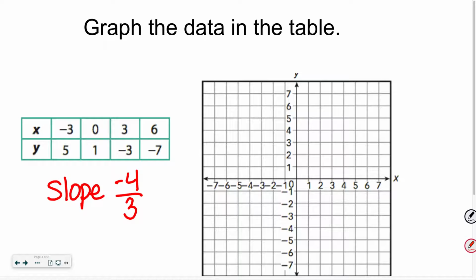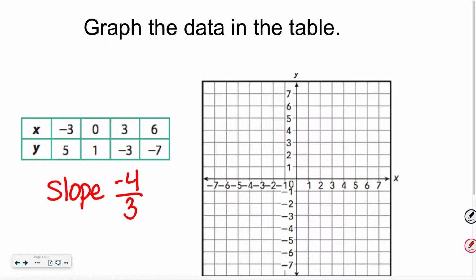Are all of those coordinates on the same line? If I plotted any 2 of those coordinates and I just drew a straight line between them and extended that line both directions, is that going to be my line? Would every other point on the table fall on that line? No. Let's see if it works. Let's try it.